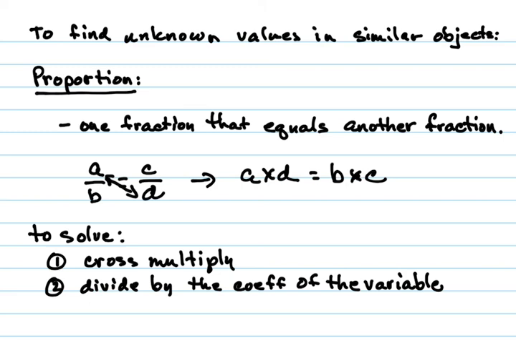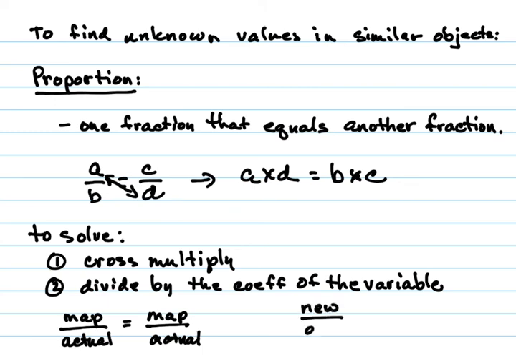As long as you put them together, you could put the map number over the actual kilometers, and that's fine as long as you also use map over actual on this side. For similar figures, remember it's new over old. If you put new over old on that side of the proportion, it has to be new over old on this side as well.